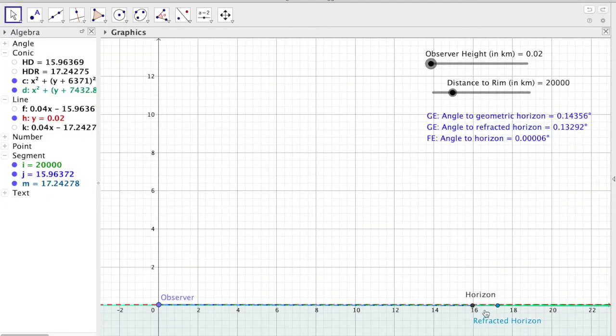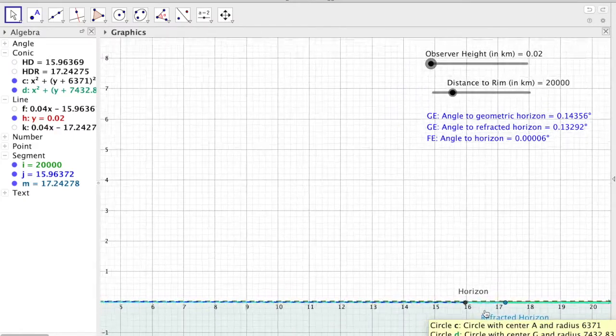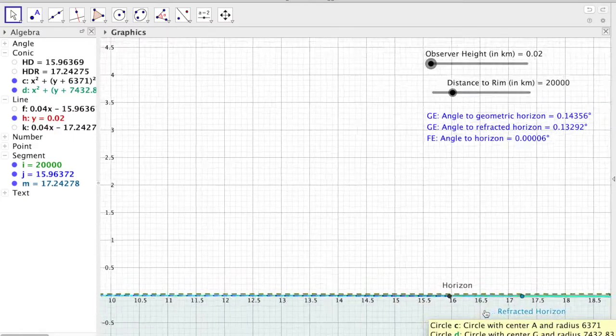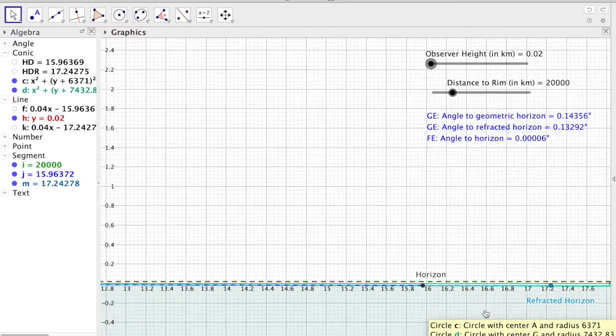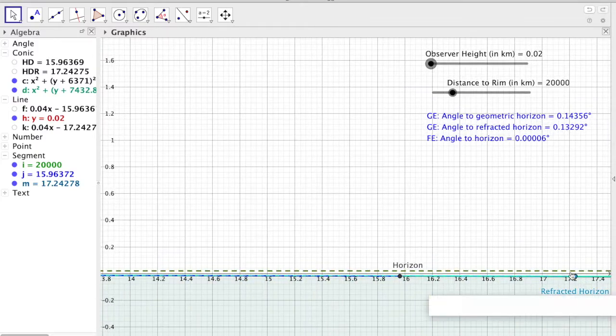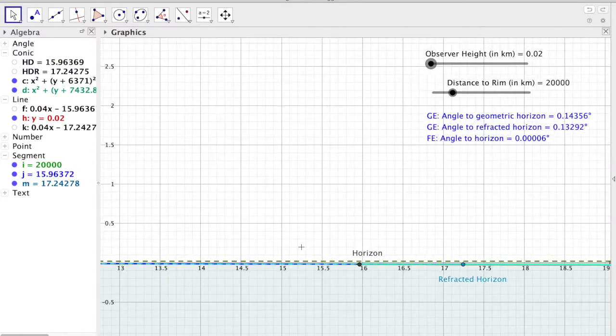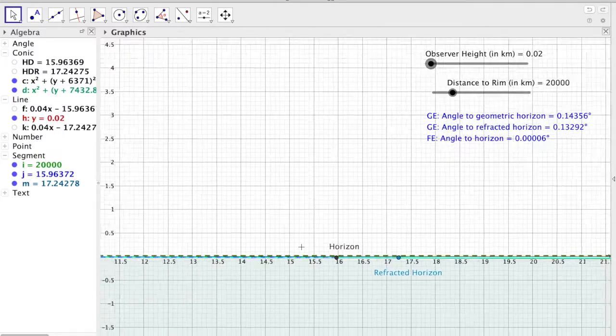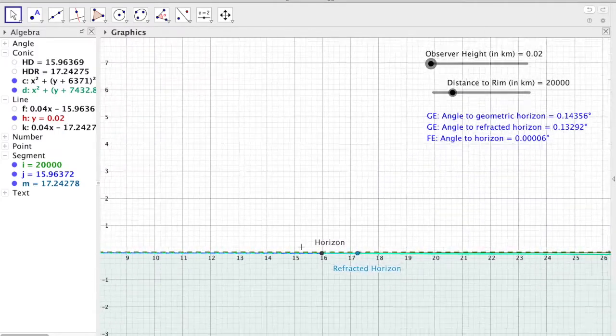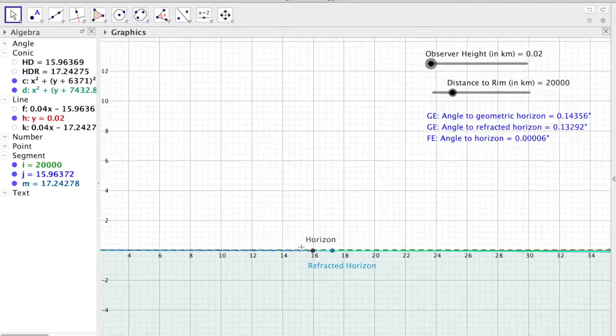Okay, so here we see the two horizons: one which is the refracted horizon and one which is the geometrical horizon, the one where we don't care about refraction in the atmosphere.